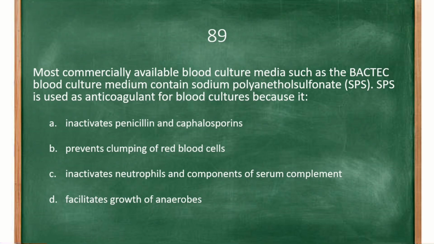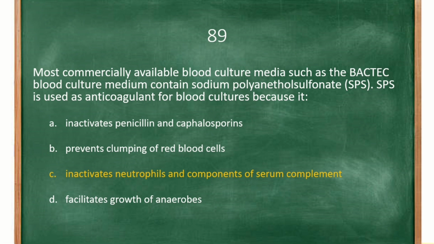So SPS is used as anticoagulant for blood culture because it A, inactivates penicillin and cephalosporin, B, prevents clumping of red blood cells, C, inactivates neutrophils and components of serum complement, D, facilitates growth of anaerobes. So the correct answer here is C. That's inactivate neutrophils and components of serum complement.